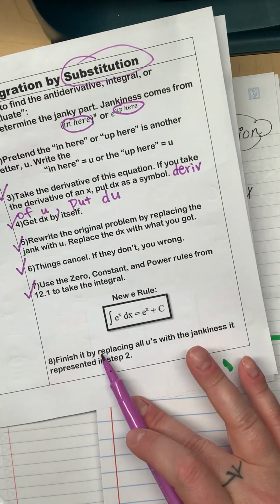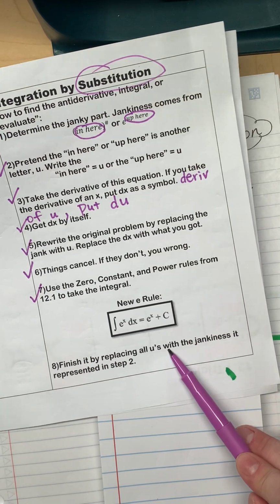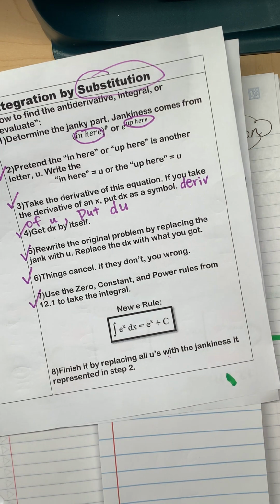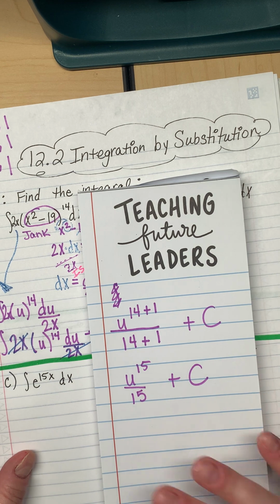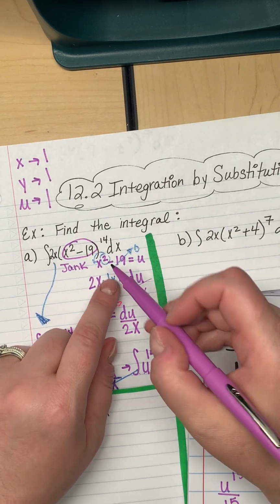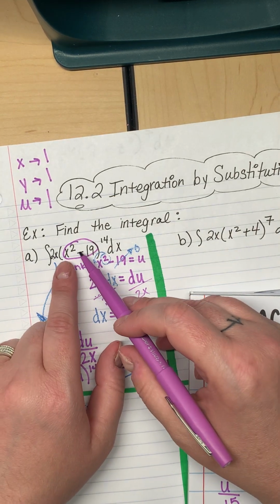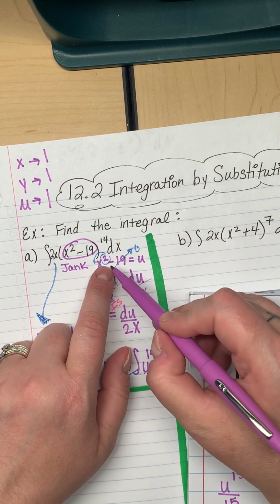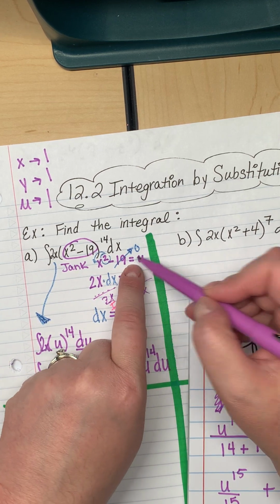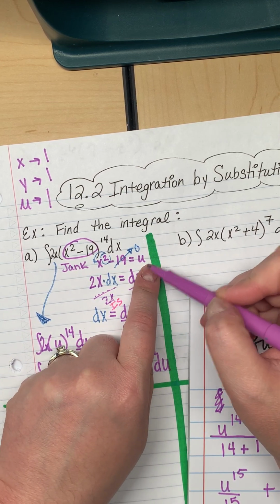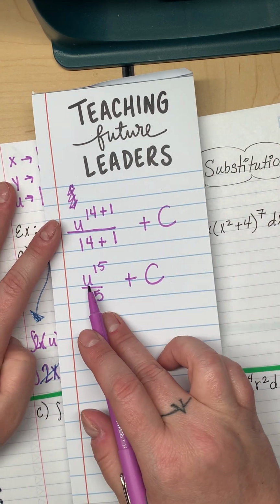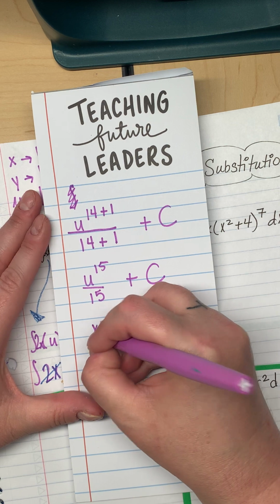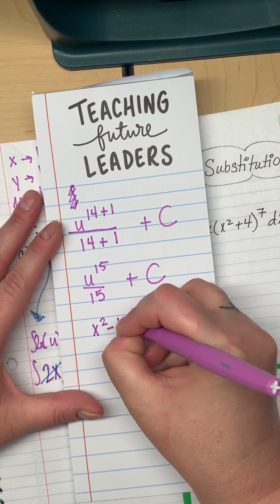Step 8 is to finish it by replacing all the u's with the jankiness it represented at the very beginning. So at the very beginning of the problem, we said the x squared minus 19 is the letter u. So at the very end of the problem, I'm going to say the u is that x squared minus 19.